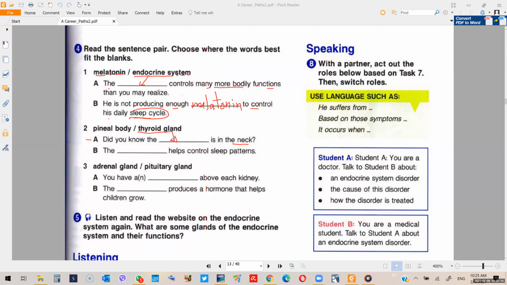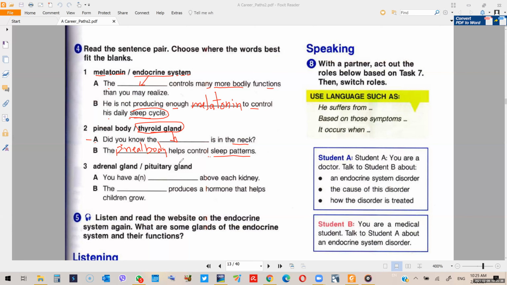Yes, good, correct. The thyroid gland is in the neck. So the thyroid gland is the answer to question A. Then number B, the pineal body helps control sleep patterns.